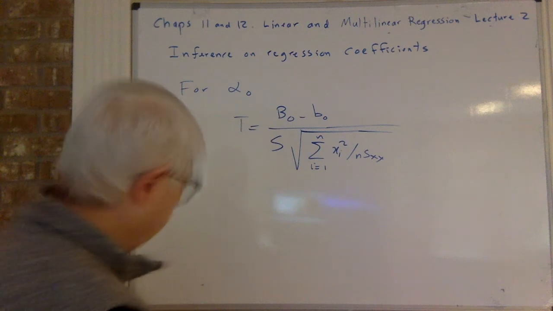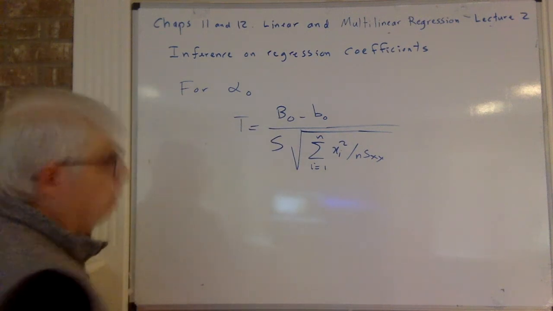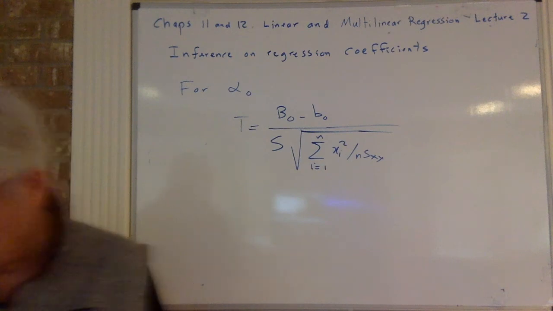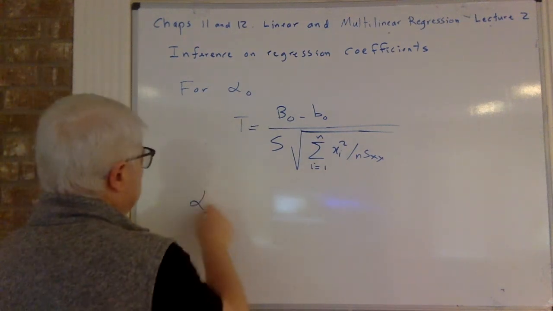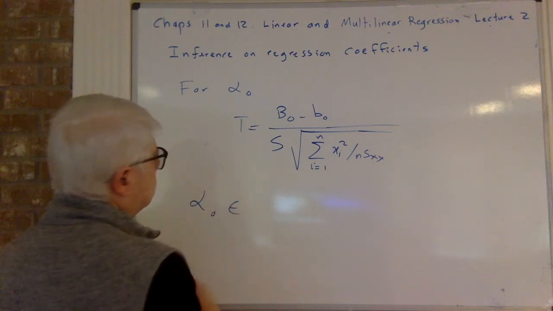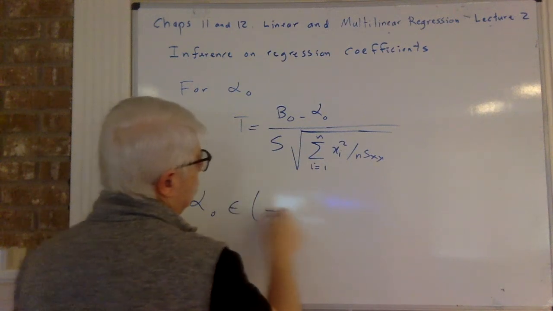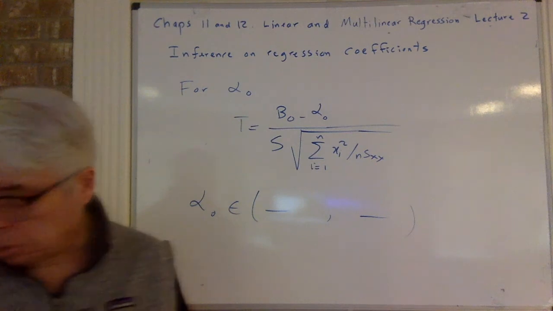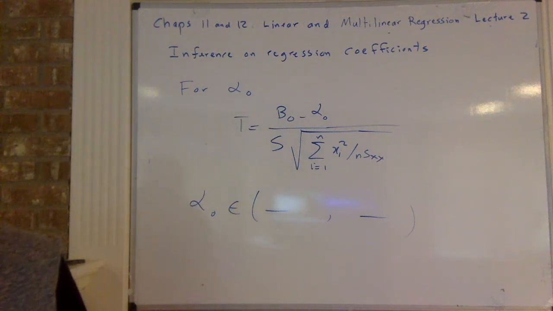Again, you see we are using T, so that's also a t-distribution. There is some interval which looks like this, but I'm not going to write it. That alpha 0 belongs to some interval which you can look at in the textbook and see for yourself. Okay.